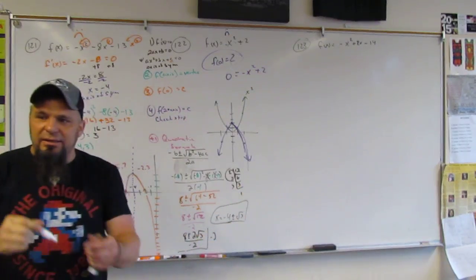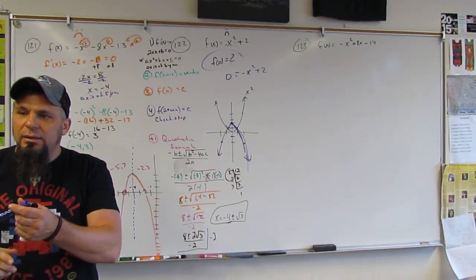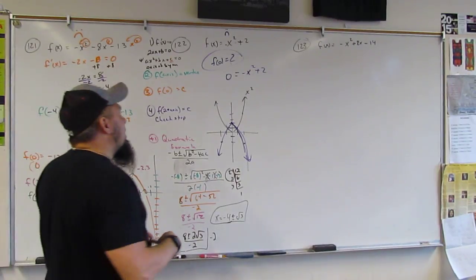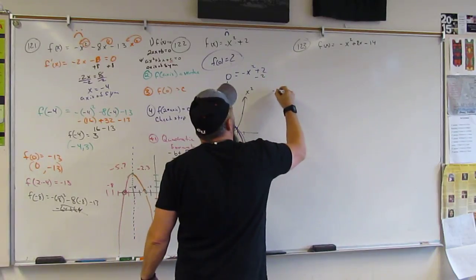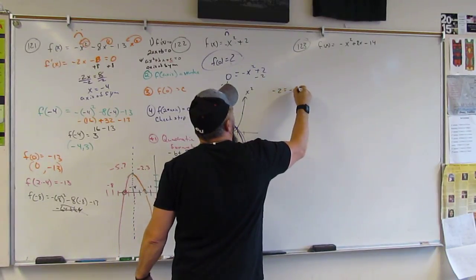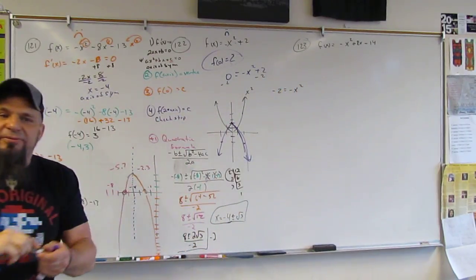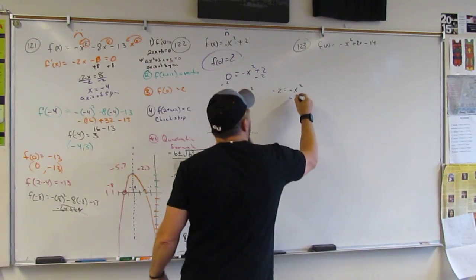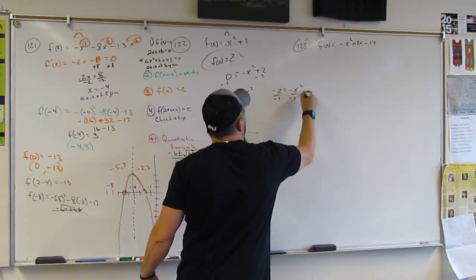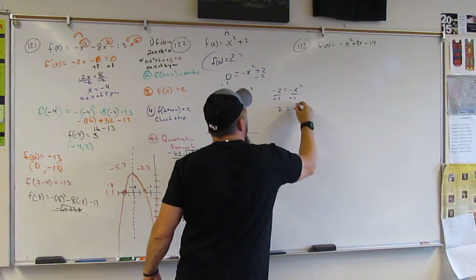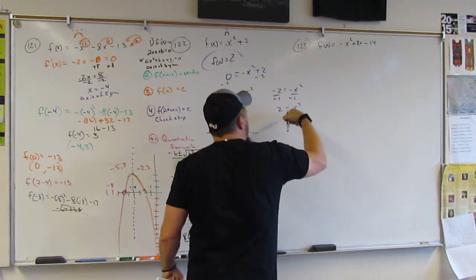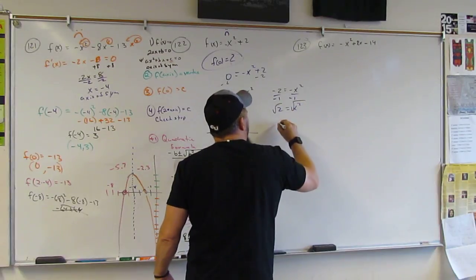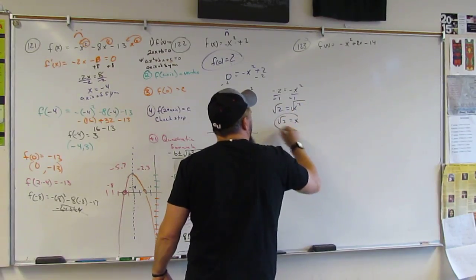So I'm going to move the 2 over. So I got negative 2 is equal to negative x squared. Then I'm going to divide by a negative, and I get 2 is equal to x squared. That means that x is equal to the square root of 2.